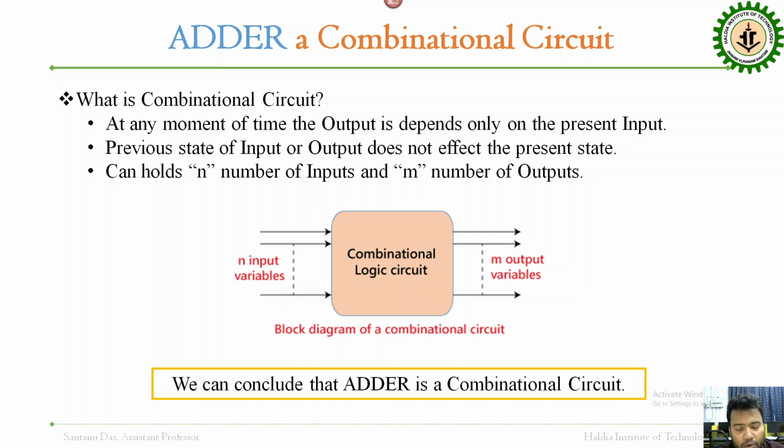What is memory? Memory is actually a storage unit, just like a flip-flop, which we are going to discuss later. So, a combinational circuit does not have any memory. Why does memory affect a circuit?